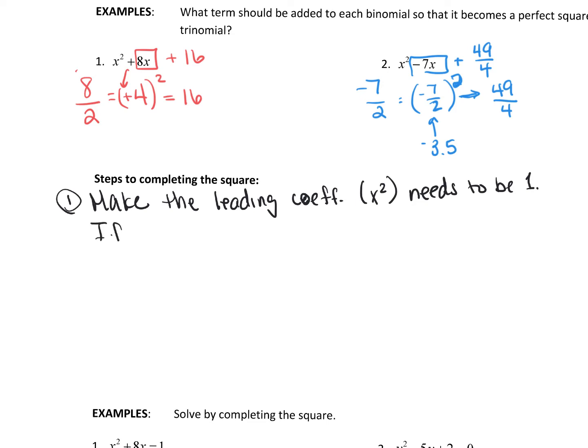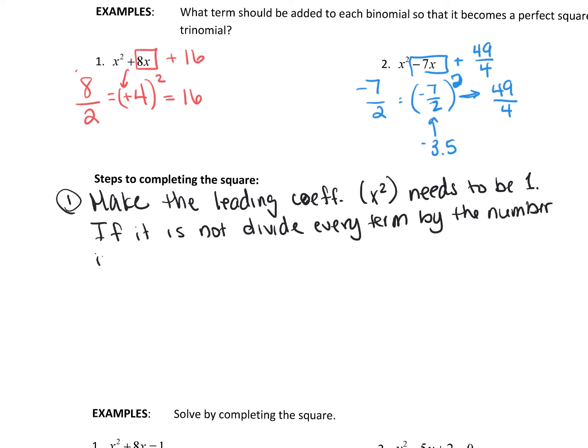If it is not, you're going to divide every term by the number in front of x squared. That'll make that number 1, and we can work from there.